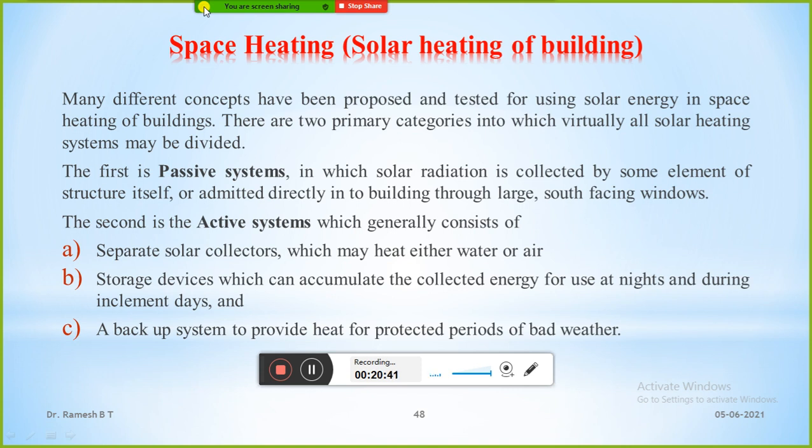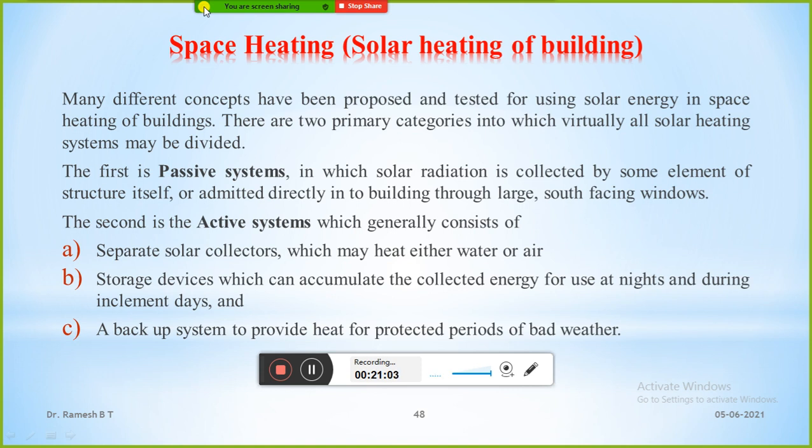The first one is the passive system, in which the solar radiation is collected by some element of the structure itself and admitted directly into the building through a large window or duct systems. That is passive.